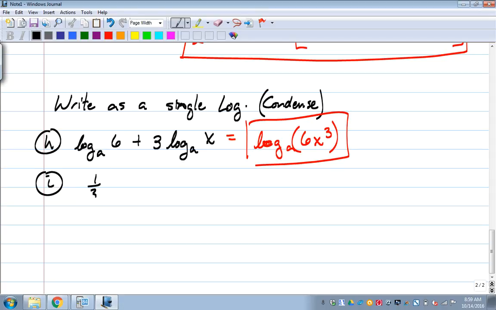Let's say 1/3 natural log of x minus natural log of x squared minus 1. Got the division problem, it's true. What's in the numerator then? Yeah, x to the 1/3 or the cube root of x, they're the same thing. And then on the bottom, it's just x squared minus 1.